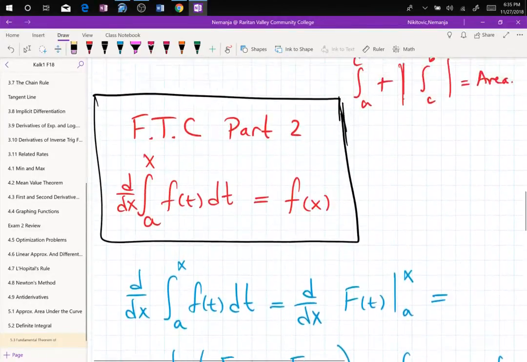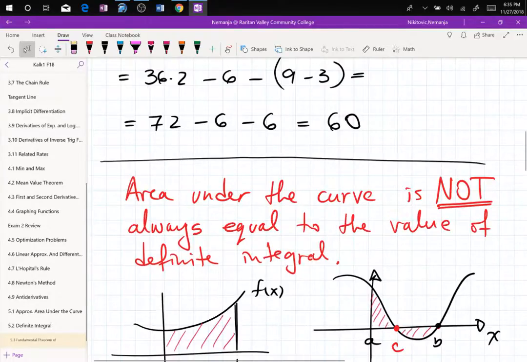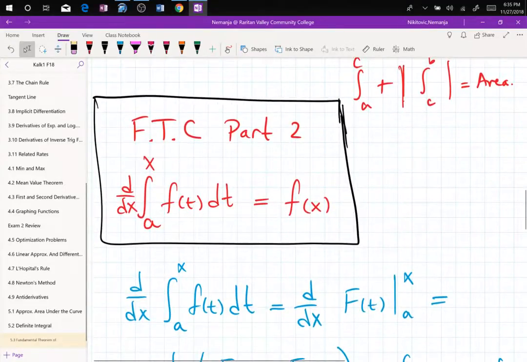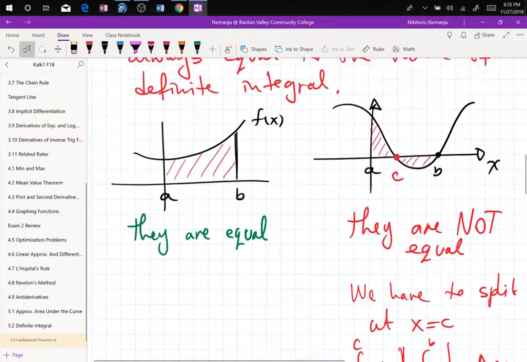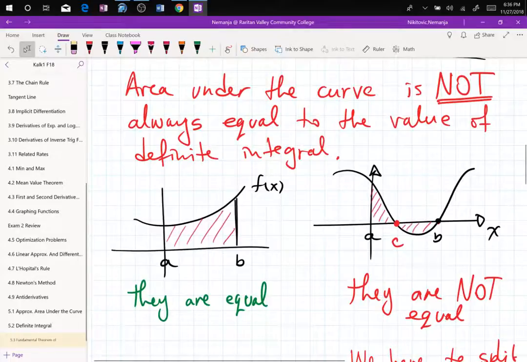Good. Fundamental theorem of calculus has two parts. Part number 1, the way to compute definite integrals. Part number 2 is the one that connects derivatives and integrals as operators. You have to worry about the area not being the same as the value all the time.